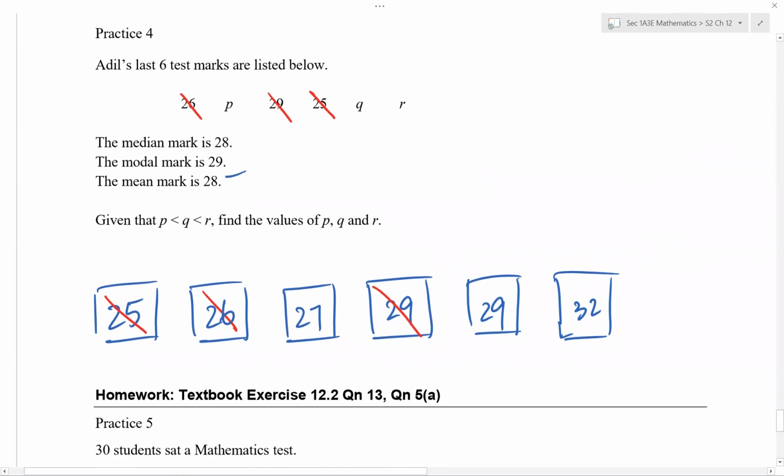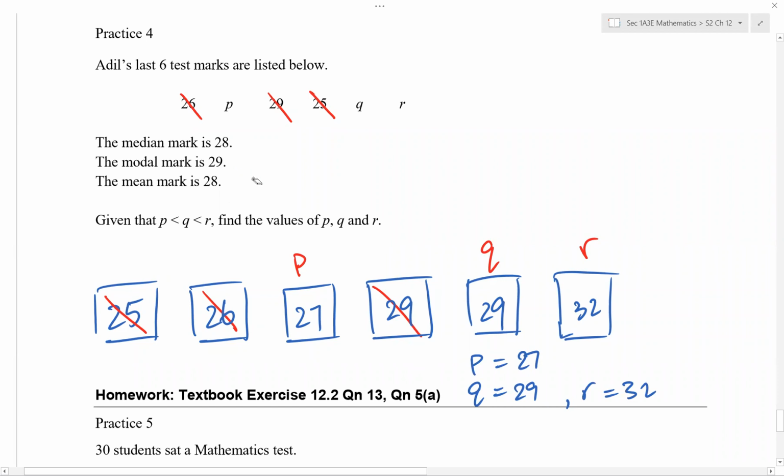So the ones that are not cancelled out must be our 3 unknowns. So we're going to call this P, Q, and R, where P is smaller than Q, Q is smaller than R. So in summary, P has a value of 27, Q has a value of 29, and R has a value of 32.